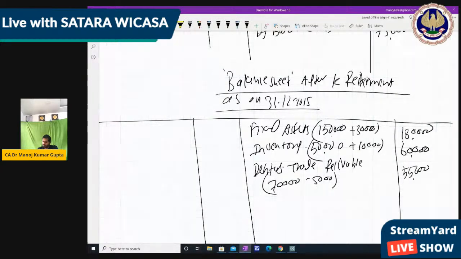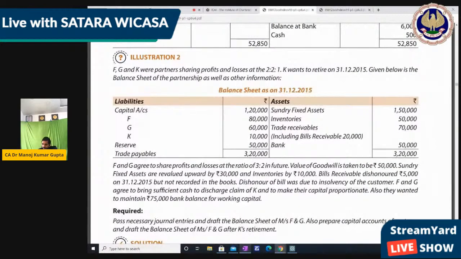So now this amount is 65,000. 70,000 minus 5,000. Clear? Okay. Then F and G agree to bring sufficient cash, that we have to find from the cash account, that they pay to K also, and they keep 75,000 balance in the bank, right?